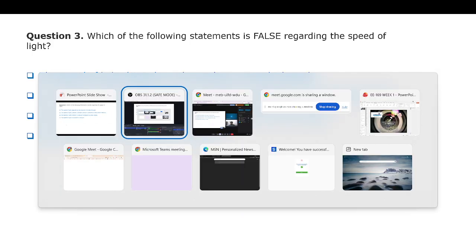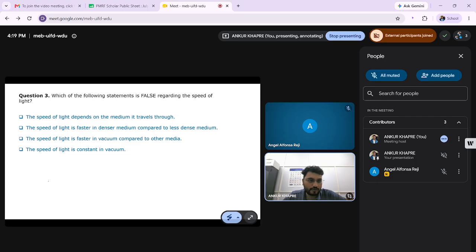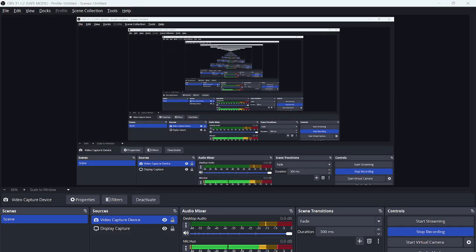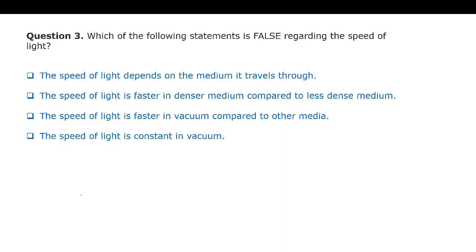Now we are on question number 3. Which of the following statements is false regarding the speed of light? Option 1: the speed of light depends on the medium it travels through.